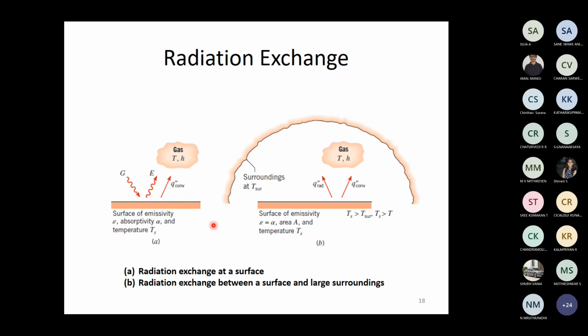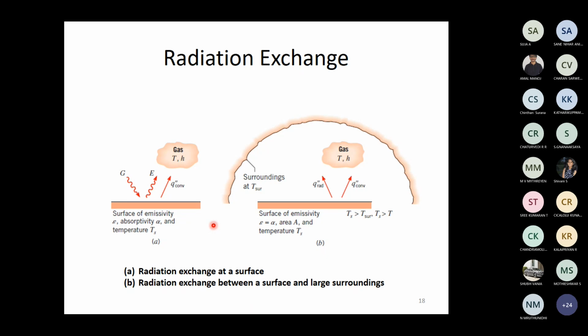Also, there are situations where radiation comes into the picture in combination with natural convection. You know, we have seen that in natural convection, the heat transfer coefficient is low, because of which the rate of heat convected is low. So in such cases, the amount of heat radiated can also be as good as the amount of heat naturally convected.